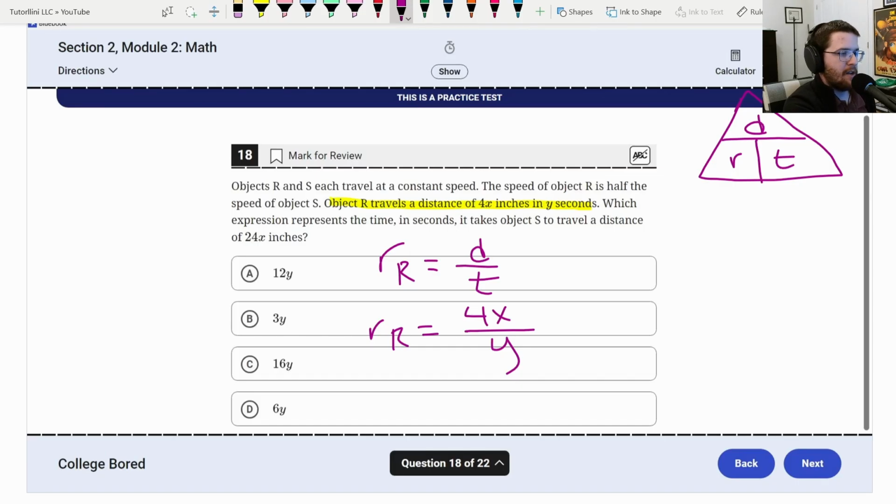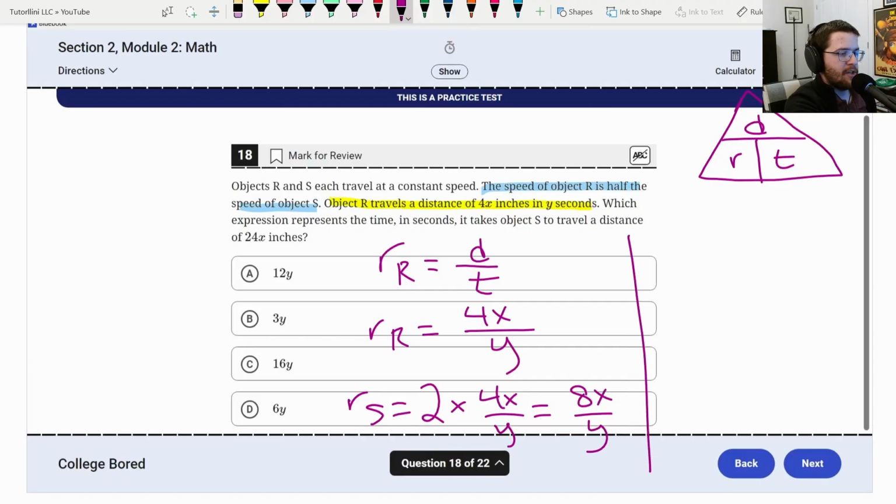Now it says that the speed of object r is half the speed of object s. So if the speed of r is half the speed of object s, that means the speed of object s is double. Hopefully that makes sense. So we're going to do 2 times the speed of r, which is 4x over y. And that gives us 8x over y.